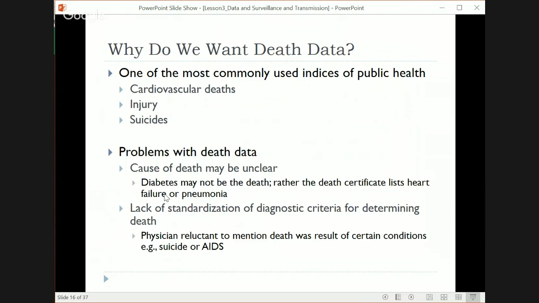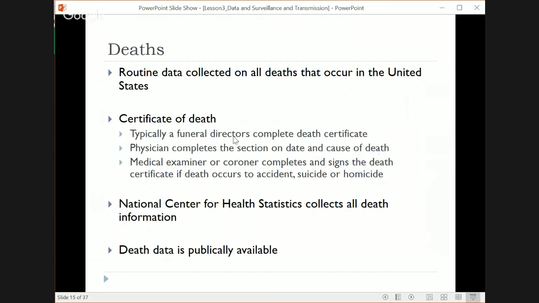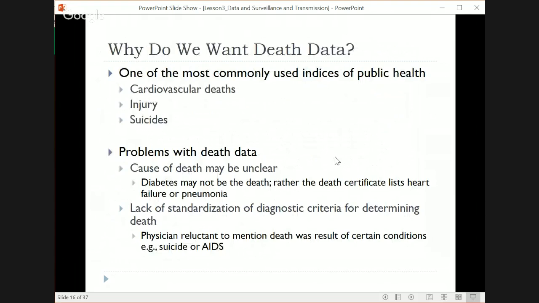These sections on date and cause of death are completed by physicians, but many studies show a lot of heterogeneity in how physicians, even within a certain hospital, determine a cause of death. With chronic disease it gets hard to determine the cause. Was it the diabetes that caused the death, or the heart condition? Many of these things are occurring at the same time, so whittling it down to one condition is tricky.